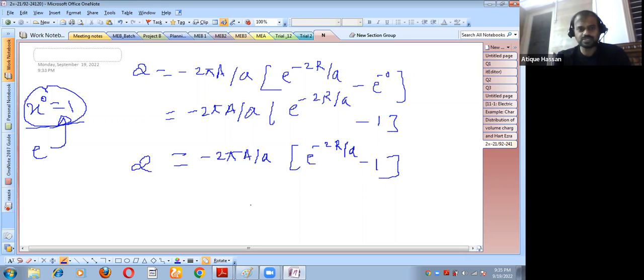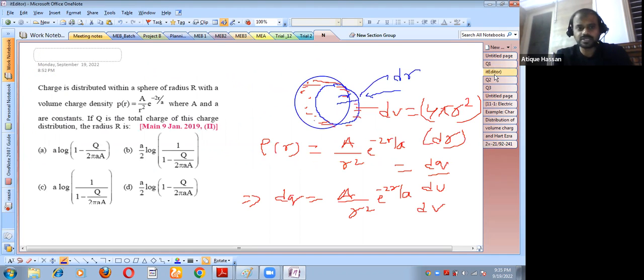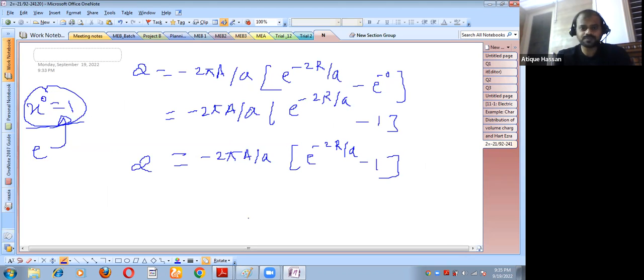This is q equal to minus 2π a divided by a, then we got this. What was the question? What did we have to find? We have to find, if charge is q, then the capital R. So from here we can find it out.